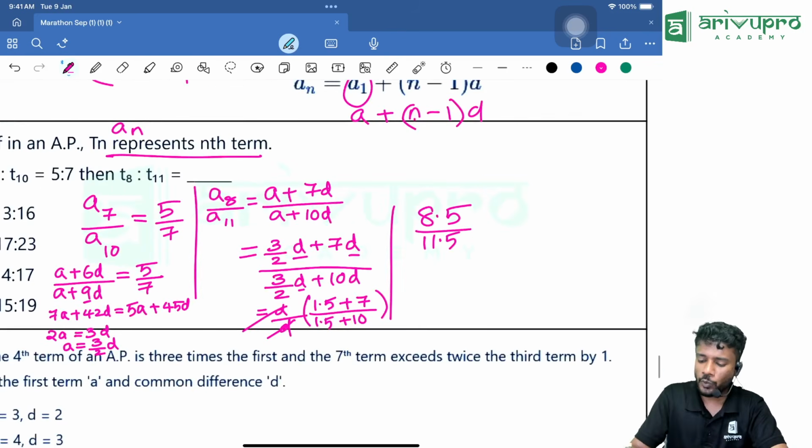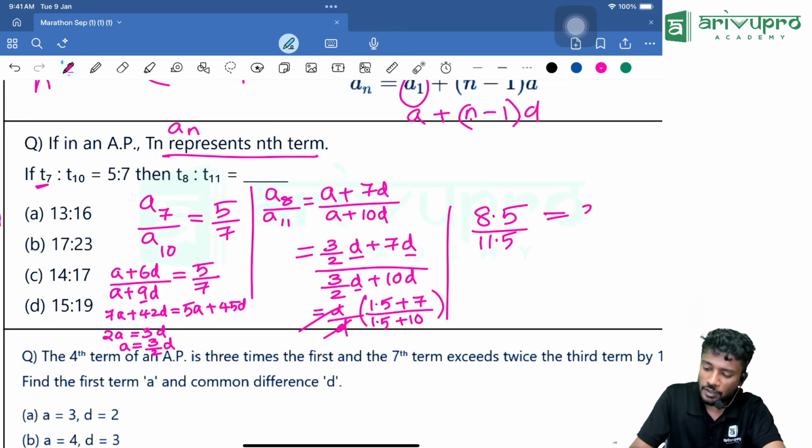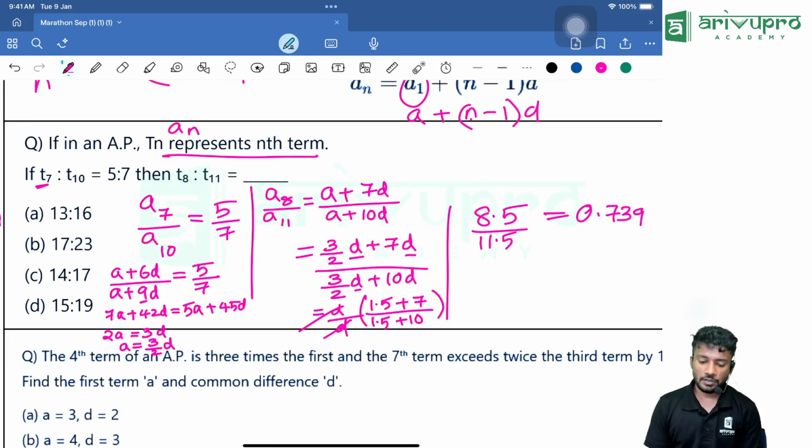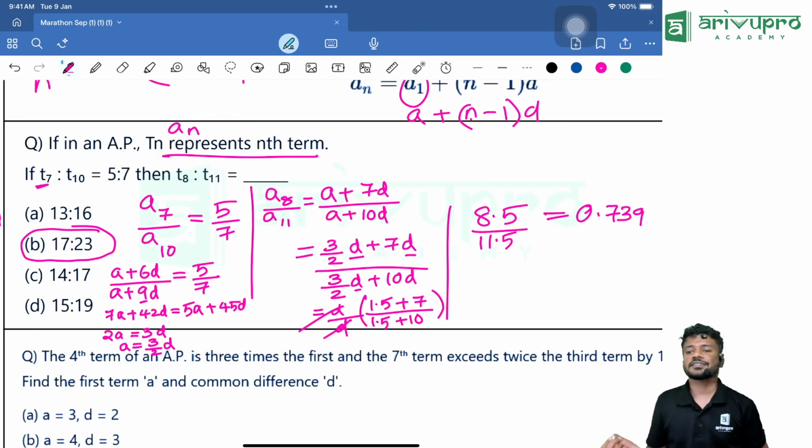Get me the value in decimals. 8.5 divided by 11.5 is how much? 0.739. Which option is giving you that? 17 divided by 23 is how much? Yes, that means that is your answer.